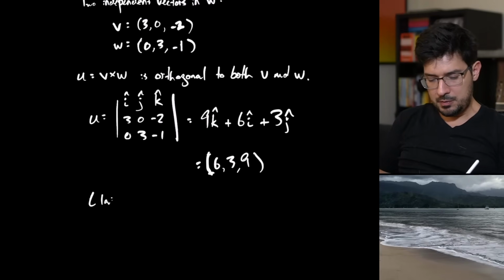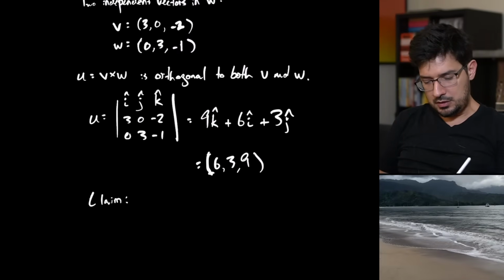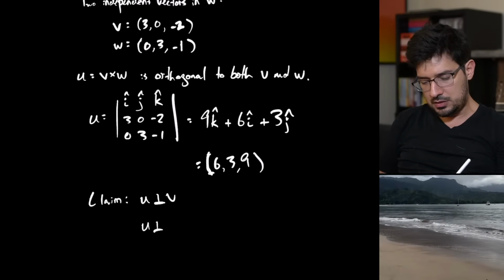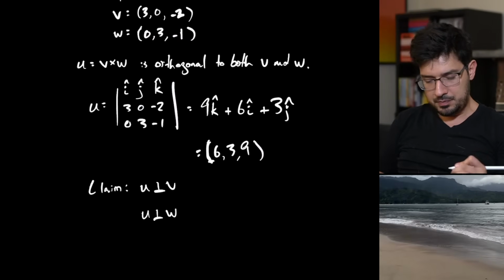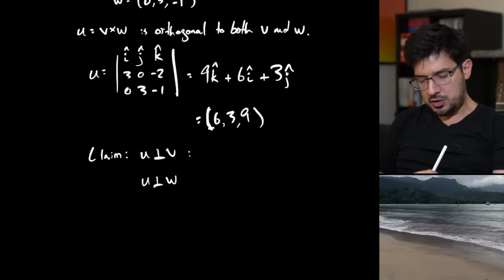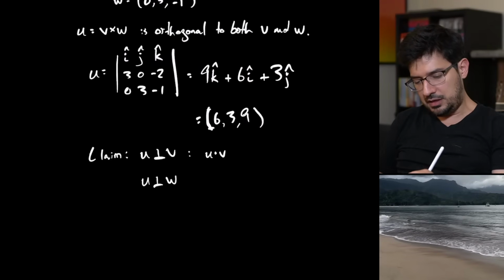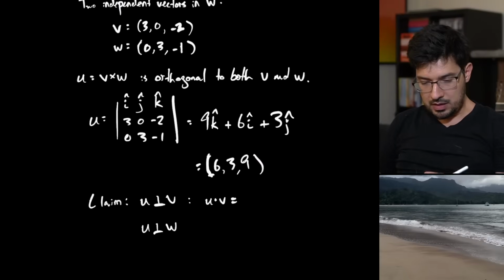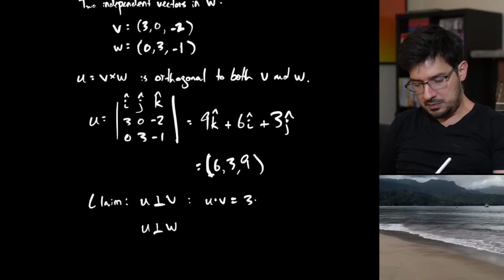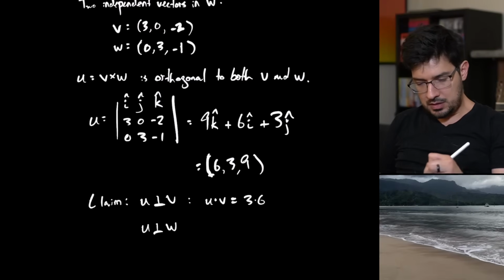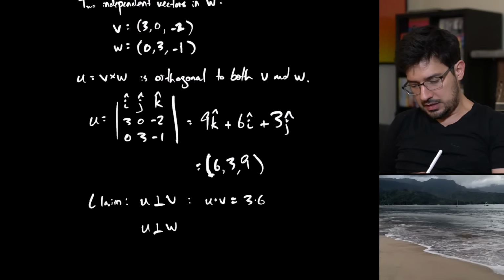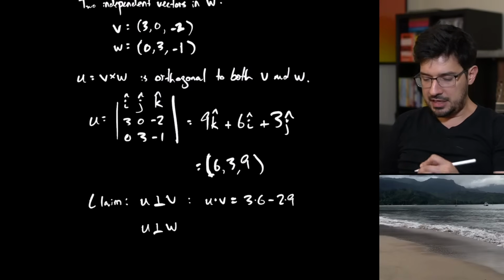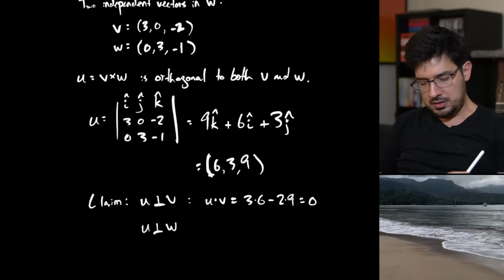So we claim that U is orthogonal to V and U is orthogonal to W. We check that U dot V should be 0. U dot V is 3 times 6 minus 2 times 9. That is 18 minus 18, and that is 0. Check.